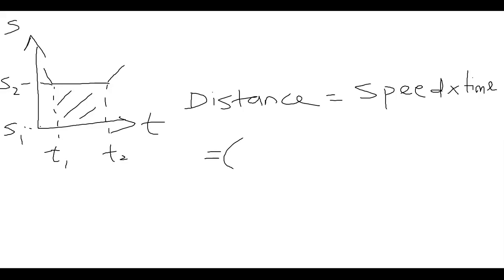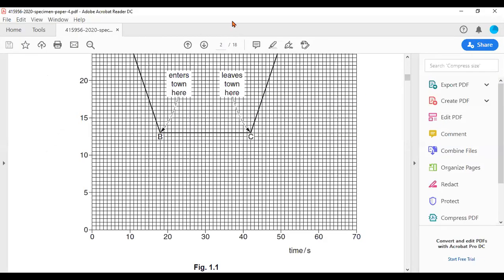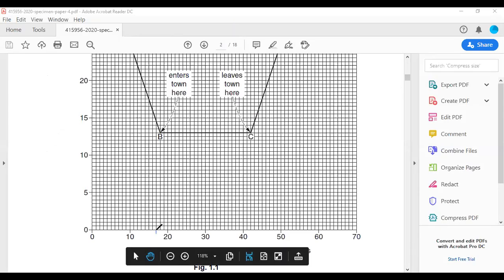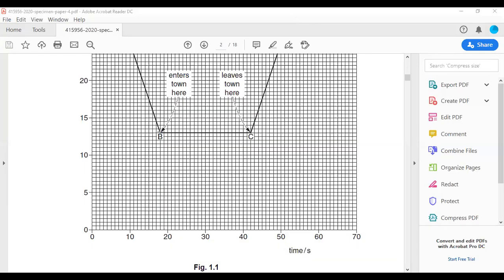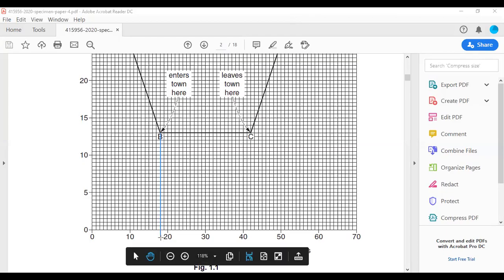If we go back to our graph here, this whole measurement here we check.